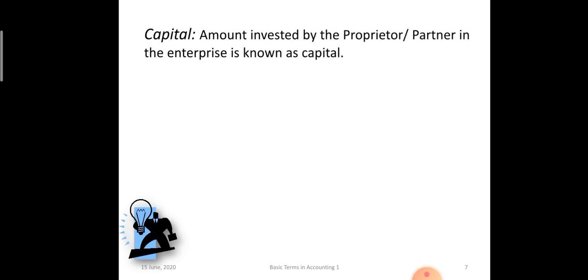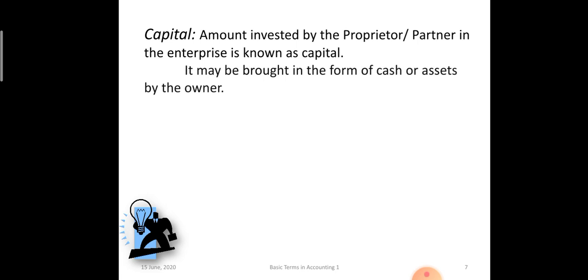Now the last term which we are going to discuss today is capital. The amount invested by the owner or proprietor in case of sole proprietorship, and partner in case of a firm, in the enterprise is known as capital. Now capital may be introduced in the form of cash or assets.